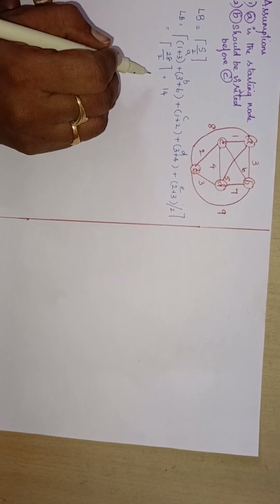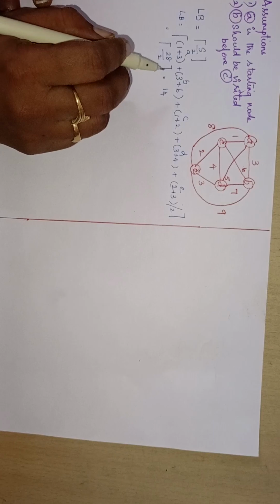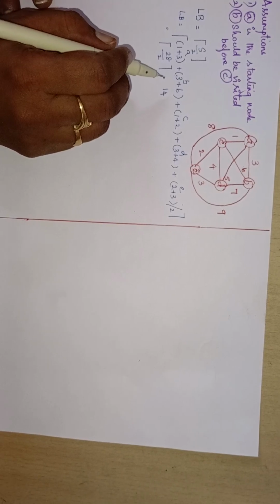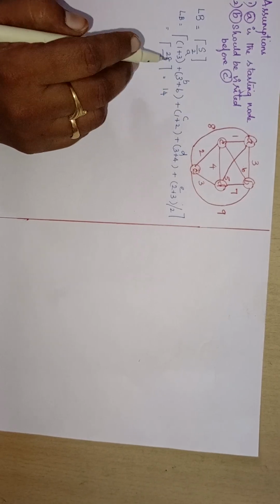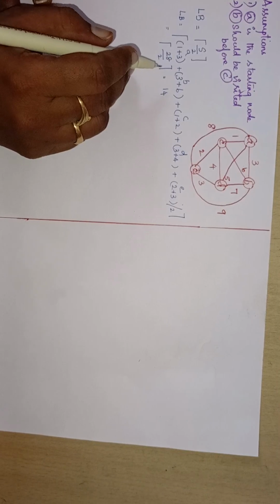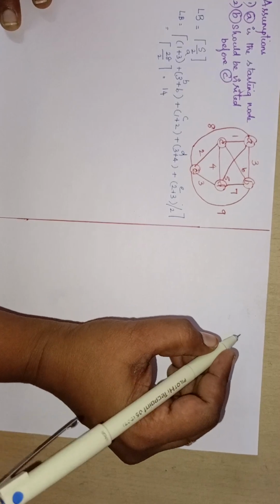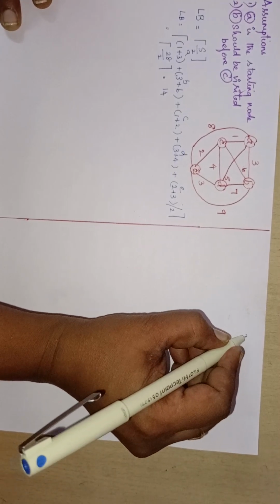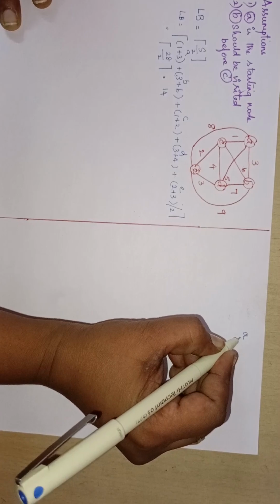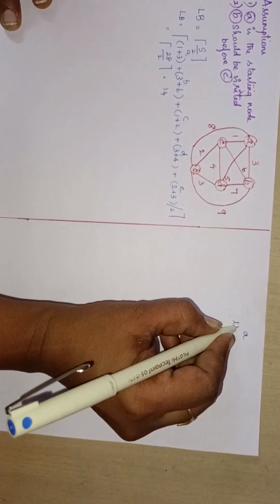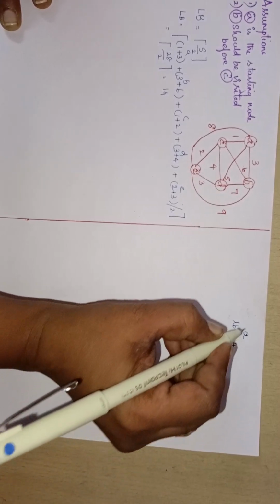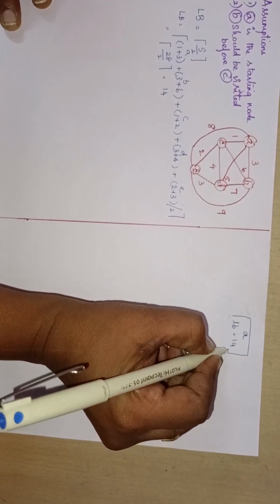So we need to construct a state space tree for solving this TSP. Since I am starting with vertex A, let me name it as A, and the lower bound is 14. So this is my root node.